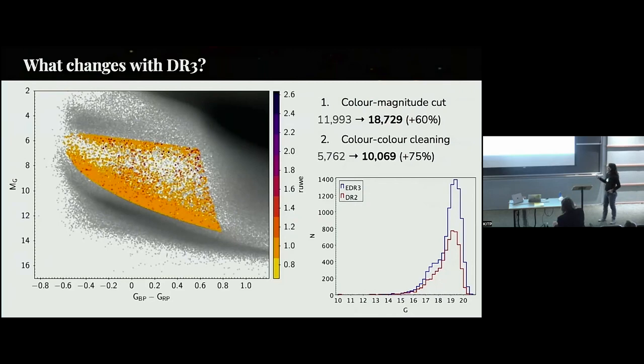And if we do the color cleaning, we have around 10,000 candidates. So the numbers increased by around 75%, which I think is similar to what was the increase in the white dwarf catalog. The gain is mostly below 17 magnitude and especially around 19.